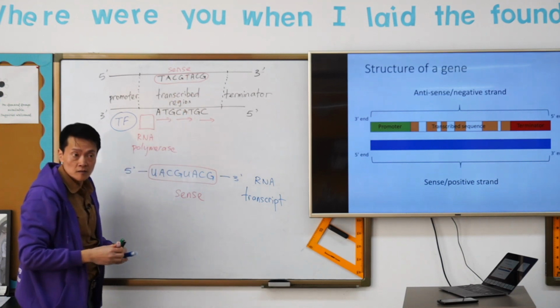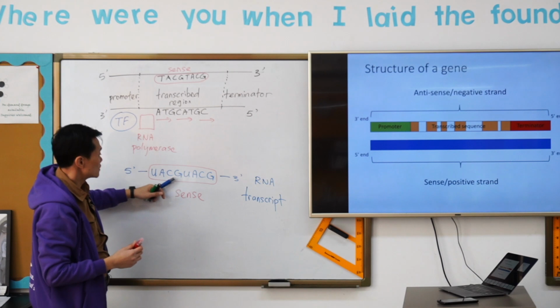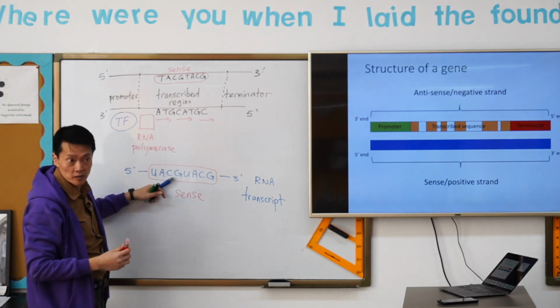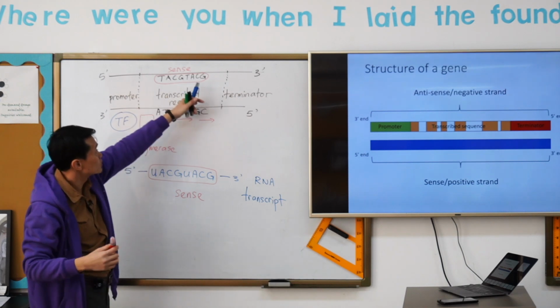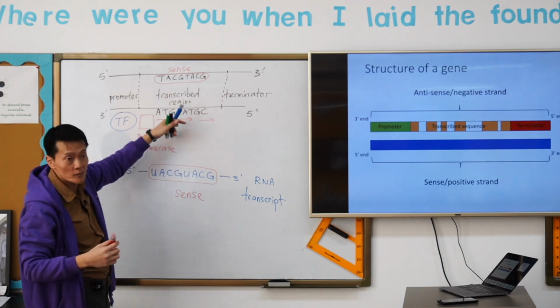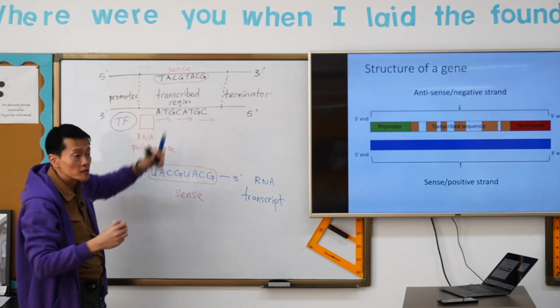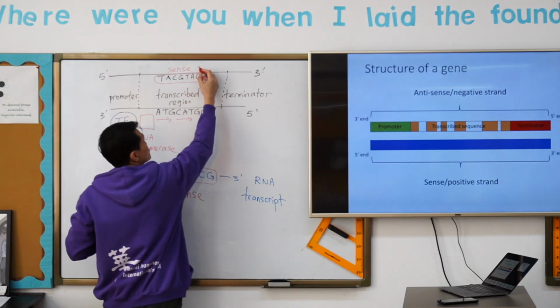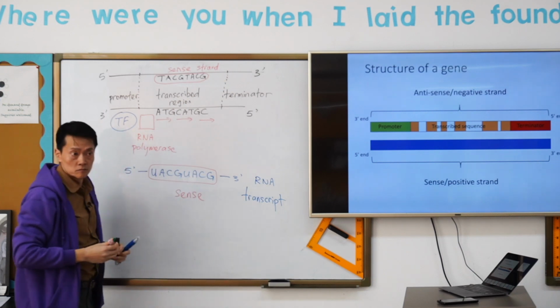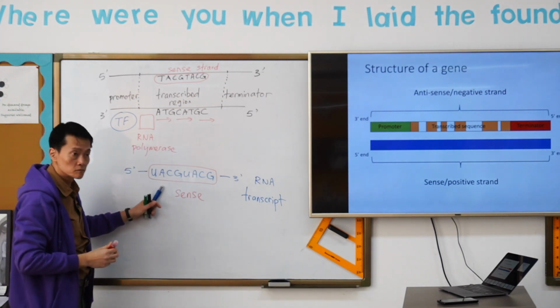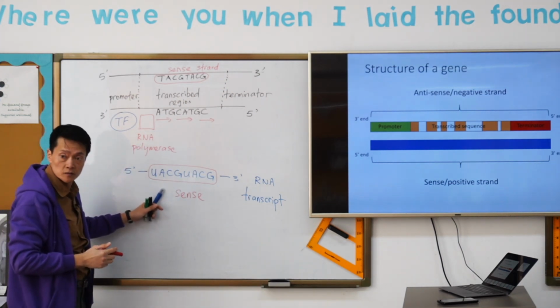You see that? Because it is very similar to the one on the mRNA. So which is why we call this sequence that is opposite the transcribed region, this sequence of the DNA, the sense strand, the one that will make sense to the ribosome. That's how it is named.